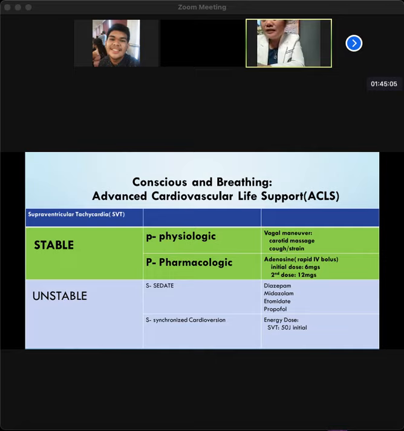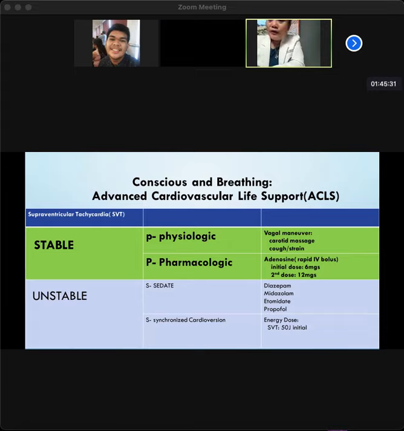Class? The patient is conscious. You cannot do synchronized cardioversion if the patient is conscious. Kahit na sino, pag kinuryente ka na gising ka, baka uumbagin ka ng pasyente. Okay? You have to sedate first the patient before you do your synchronized cardioversion. Kasi, hello, ang sakit-sakit kayang makuryente.